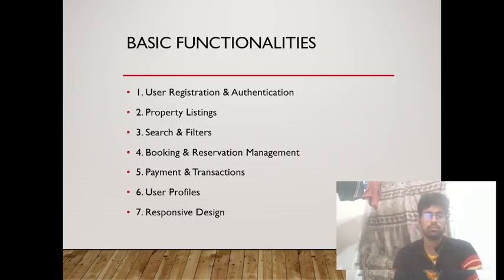If I want to stay in a desert area, then I filter into desert area and search it from the property listing. There are various ways to sort the property listings for booking apartments, hotels, and many things. So this is also a very important functionality.